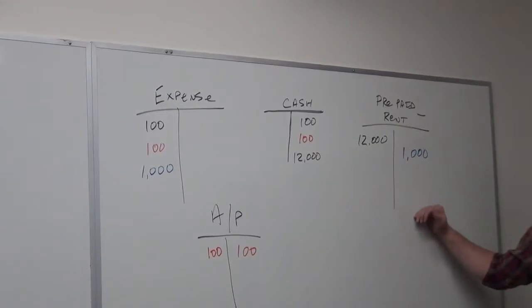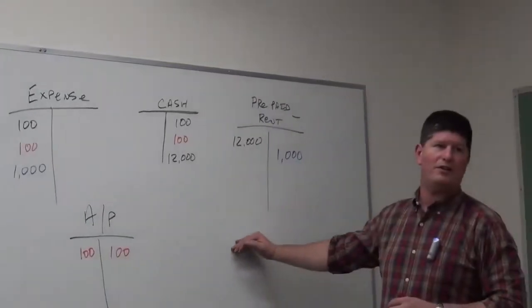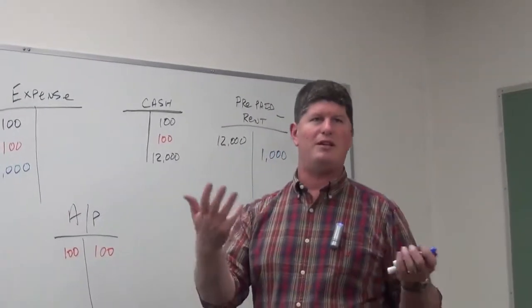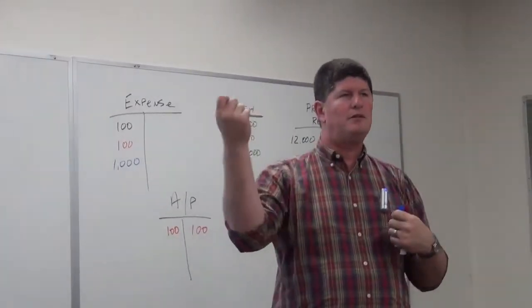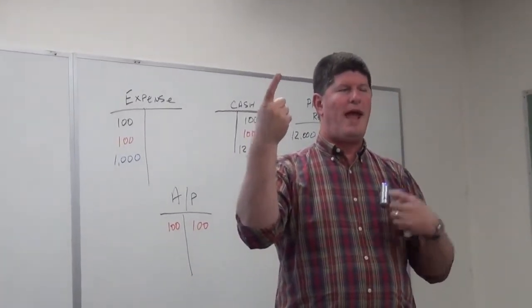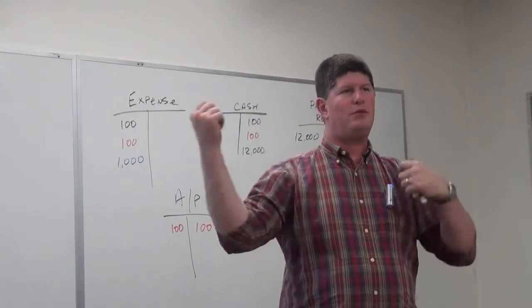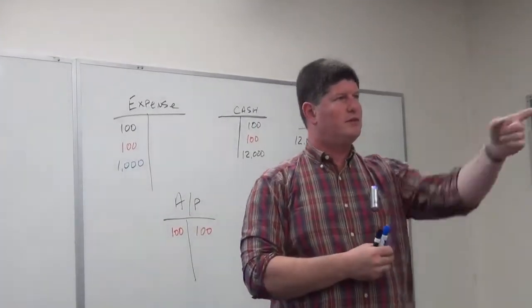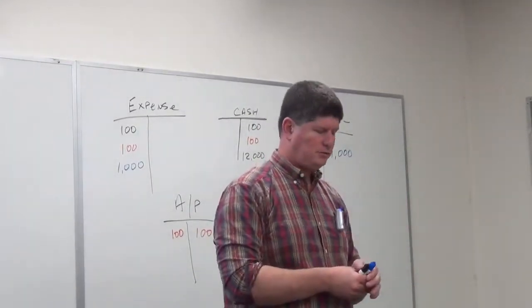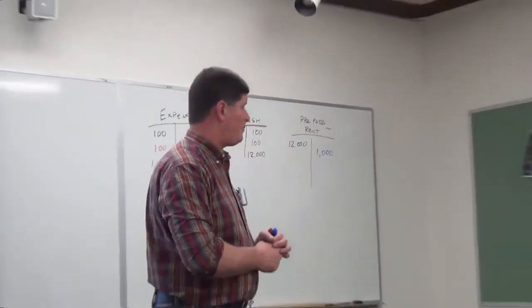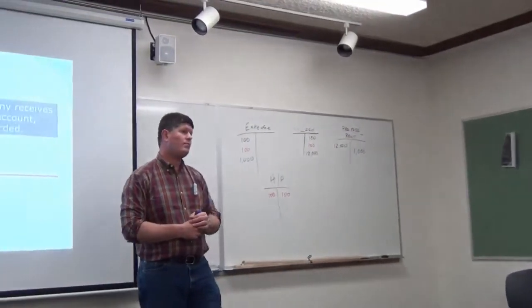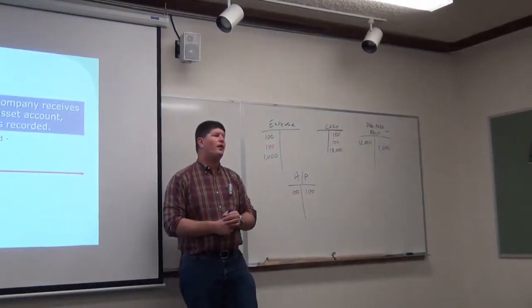That's 11 months worth of rent. Good? Yeah. So that's the flip side of it. On the expense side, how the three types of transactions work. Payment at the same time that you get product, payment after you receive product, and payment before you receive product. Sir? So, as you are recording the prepaid rent, the landlord is recording the unearned. An unearned revenue.